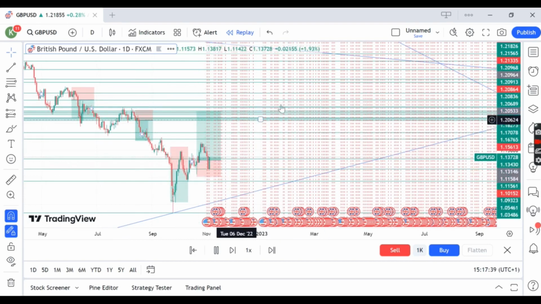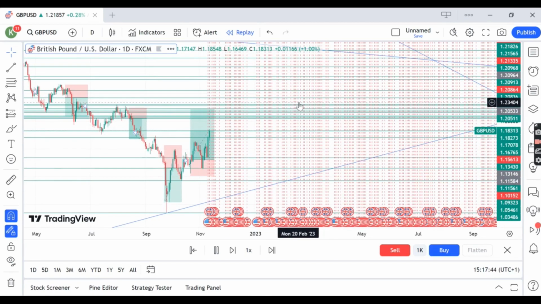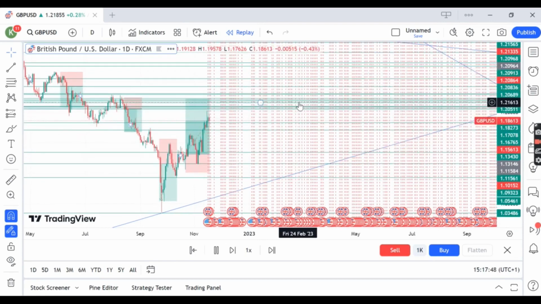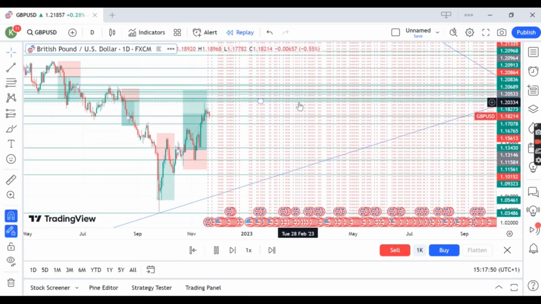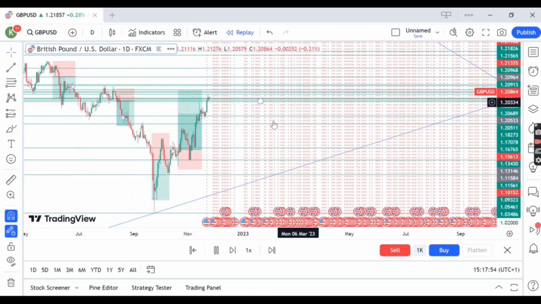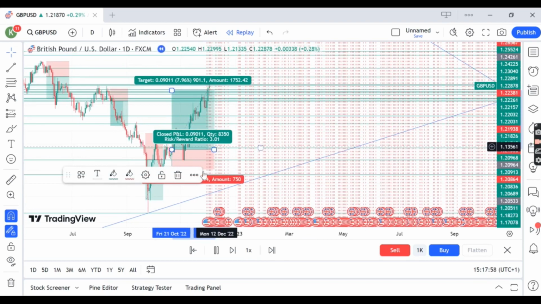You can see the market reverse, but it didn't hit stop loss. That's why you have to be risk management conscious. Finally, price reaches TP and hits TP.